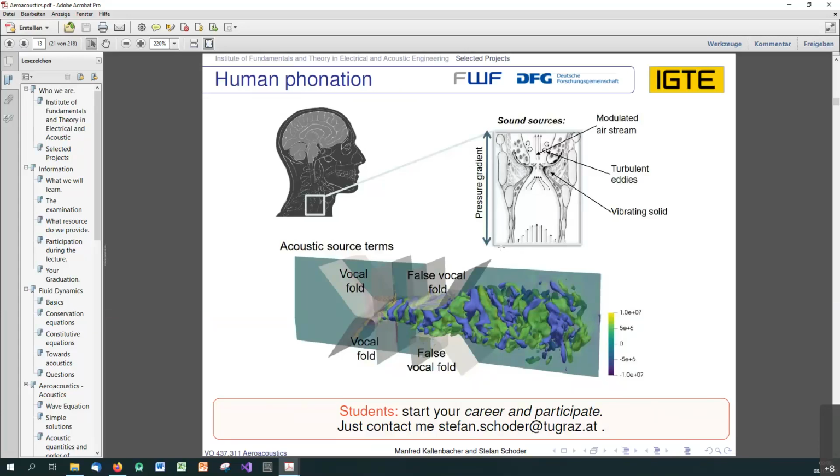Can you make a prediction which method is faster: simulating the whole vocal tract with its physical, or material, properties, or focusing on the sound sources themselves? Which one would be faster in terms of computation time?